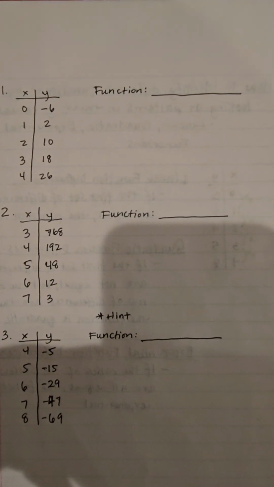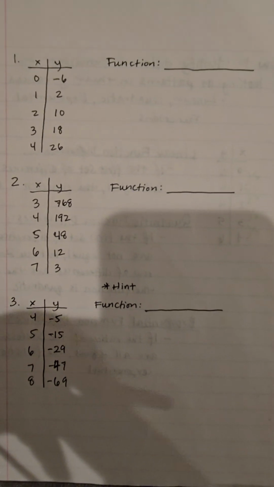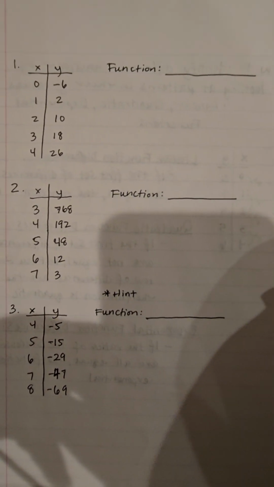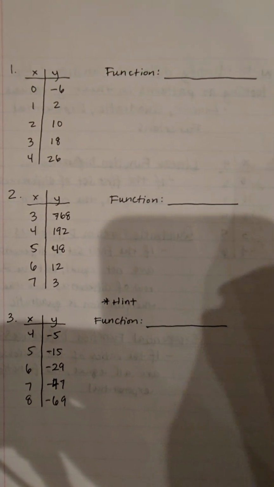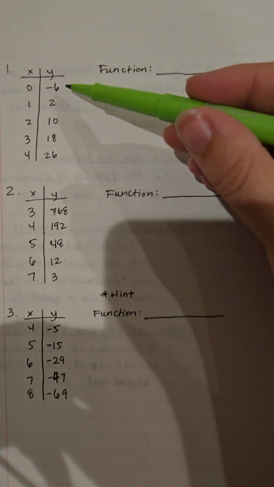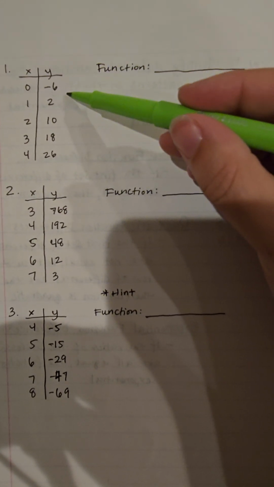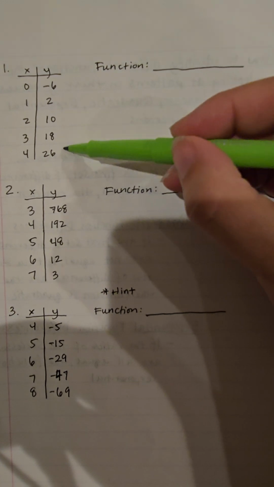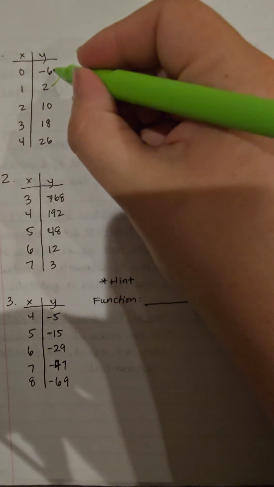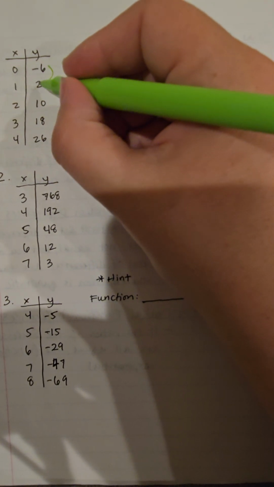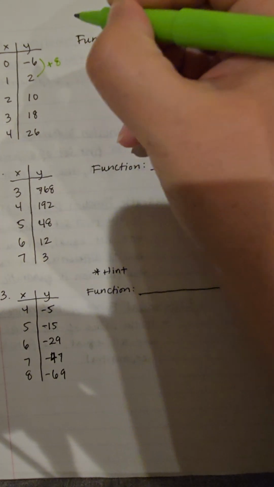Okay, so here are a couple of examples of different functions that we're going to work through. So we'll start with number 1. With this one, we're going to look at our y column here, and we're going to determine the differences between them. The first is the difference between negative 6 and 2, which is 8.